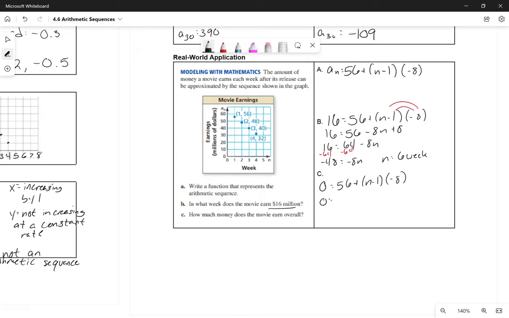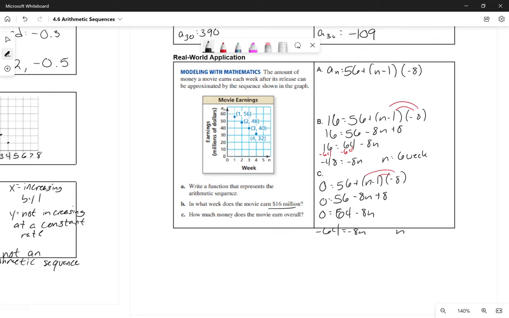So same process, go ahead and distribute. Combine like terms. Move 64 to the other side.